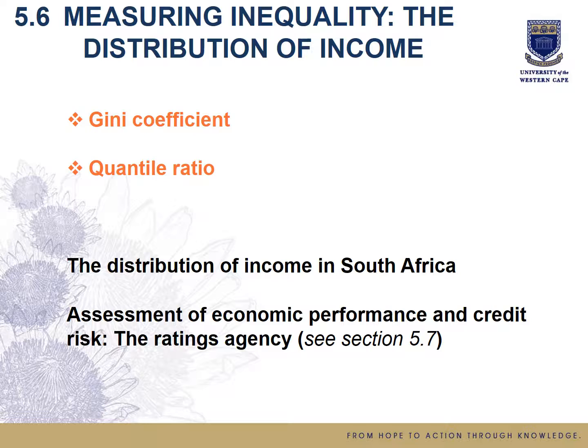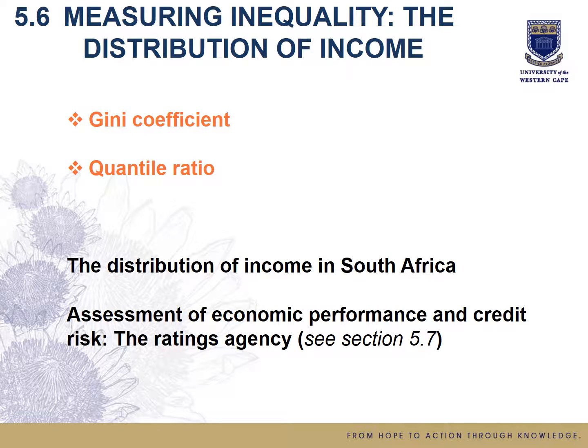However, if we multiply it by 100, we obtain a Gini index that varies between 0 and 100. When incomes are distributed perfectly equally, the Gini coefficient will be 0, whereas when they are distributed perfectly unequally, the Gini coefficient will be equal to 1.